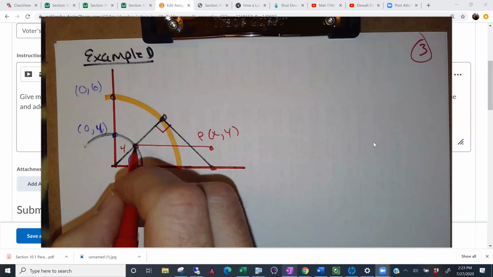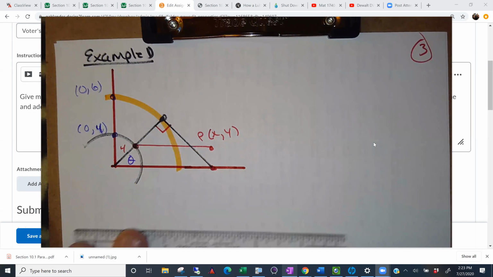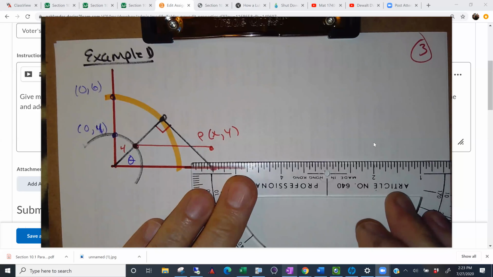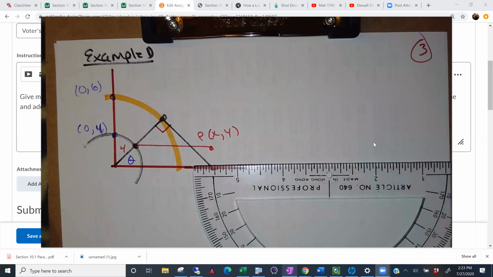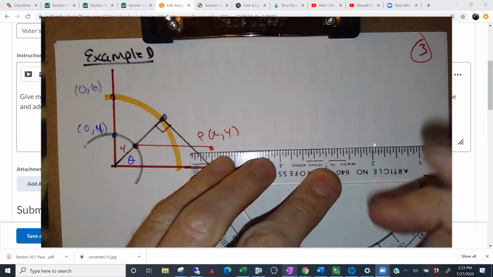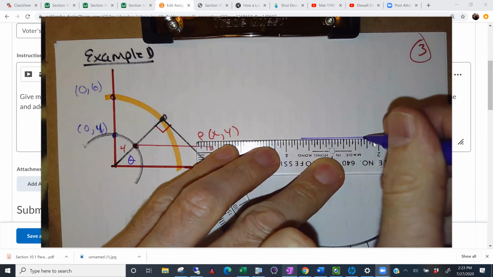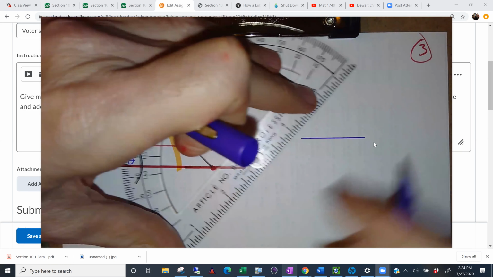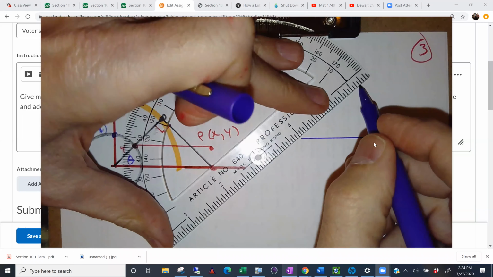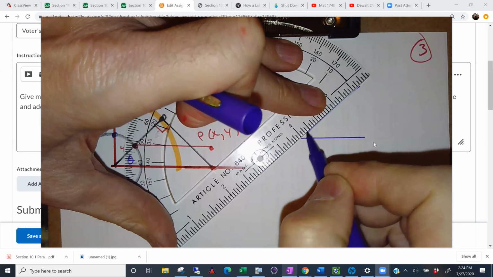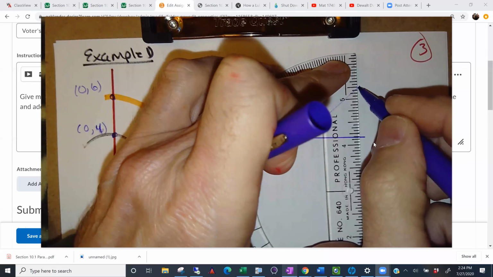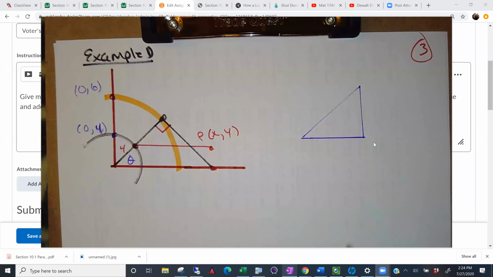So for the y-coordinate, let me zoom in on this picture a little bit and draw myself another little triangle. So that would look like this. And let's label things accordingly.